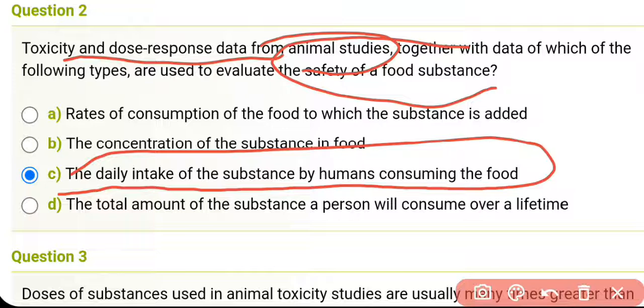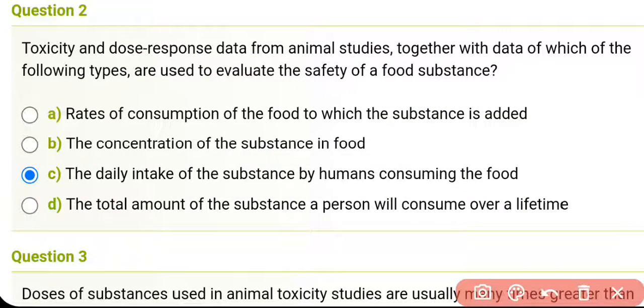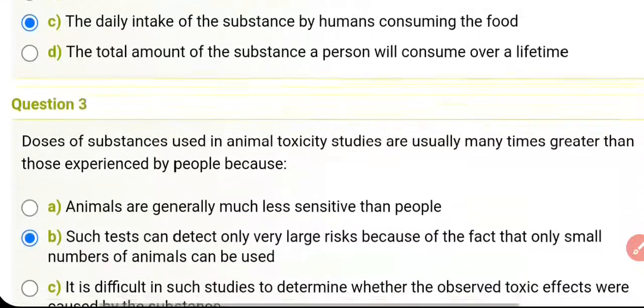So these two data: one is dose response data from animal studies, and one more is the quantity of food substances daily, how much the person is taking through food. These are the two important data. Okay, then next questions.